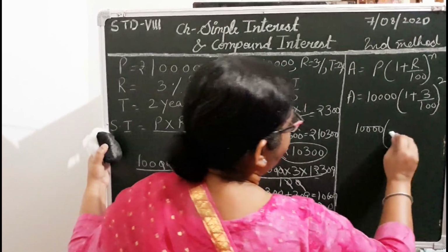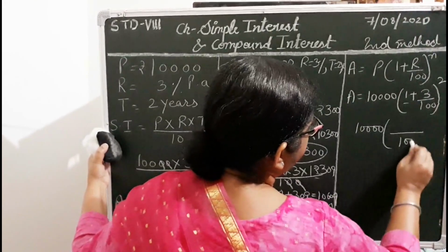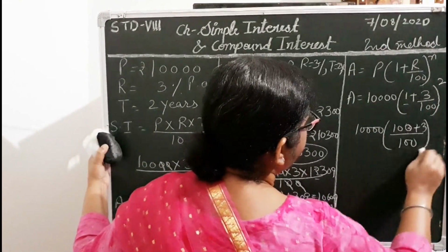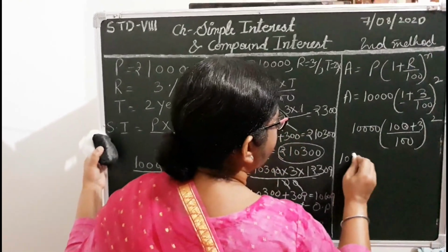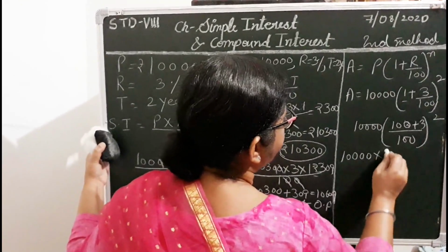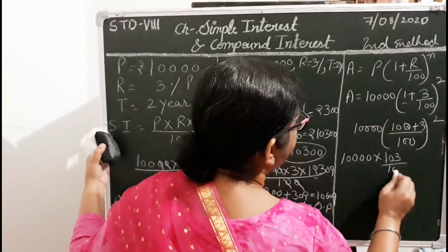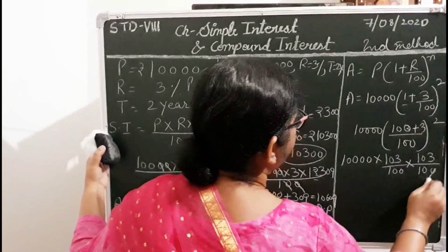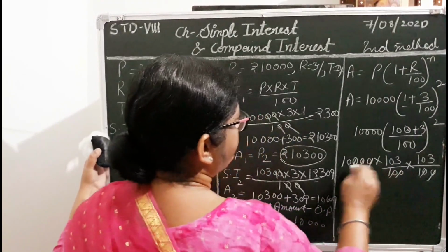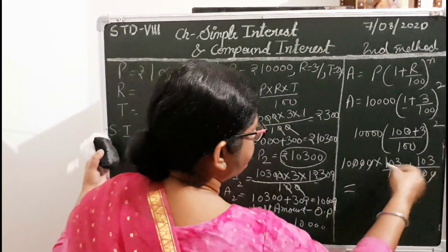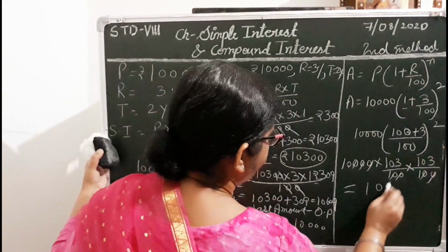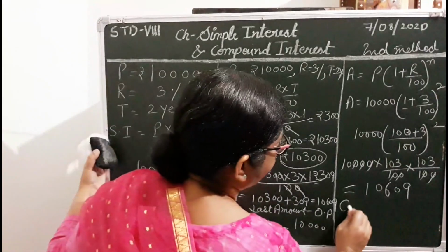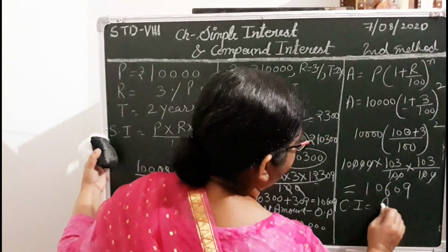Now take LCM, 100 plus 3, 103. 10,000 multiply 103 over 100, 103 over 100. Cutting and multiply 103 multiply 103, 10,609.